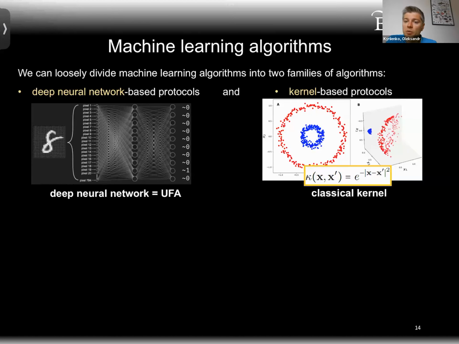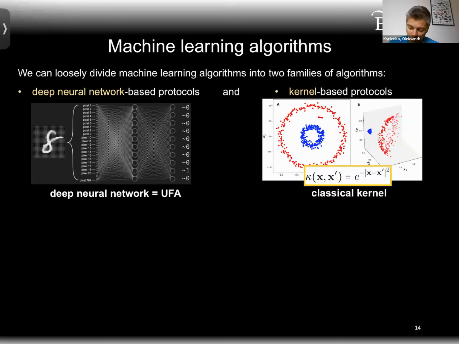We could also build quantum kernel methods, and kernel-based protocols use the fact that the distance between points x and x prime can be measured in very different spaces. By reproducing a high-dimensional space, for instance by rescaling your data, you could change the problem from a nonlinear classification.